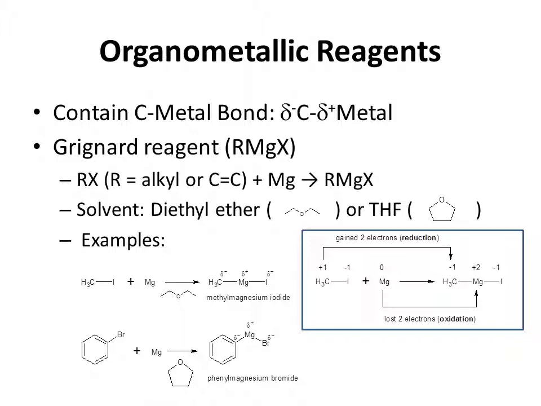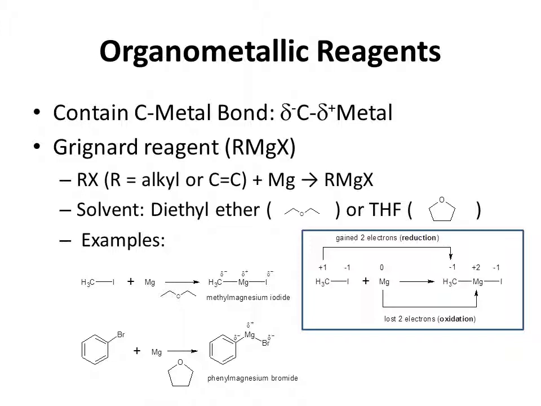What happens in this process is that the oxidation state of the carbon goes from +1 in methyl iodide to -1 in methyl magnesium iodide, which means it's gained 2 electrons. That's a reduction. The magnesium, in contrast, starts out as a free metal, and remember, all elements in their free state have a 0 oxidation state.